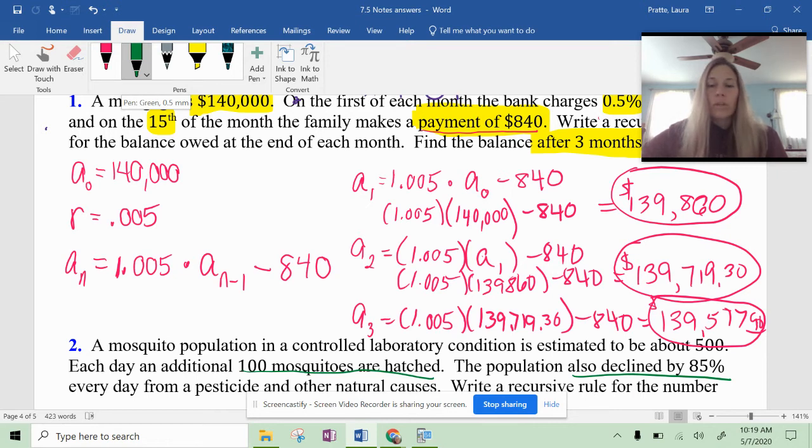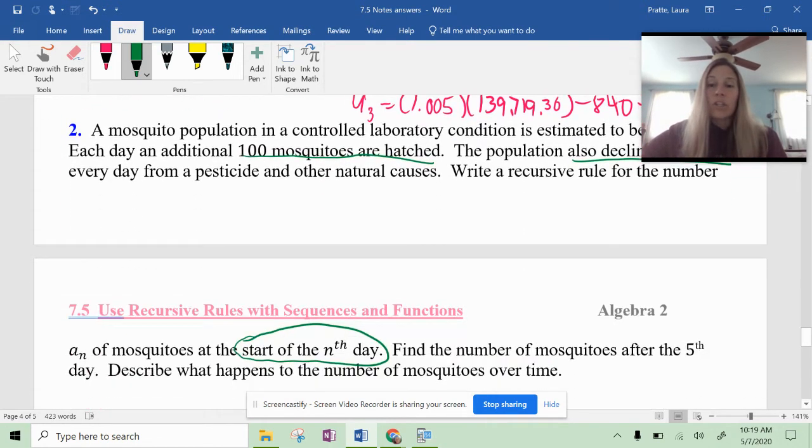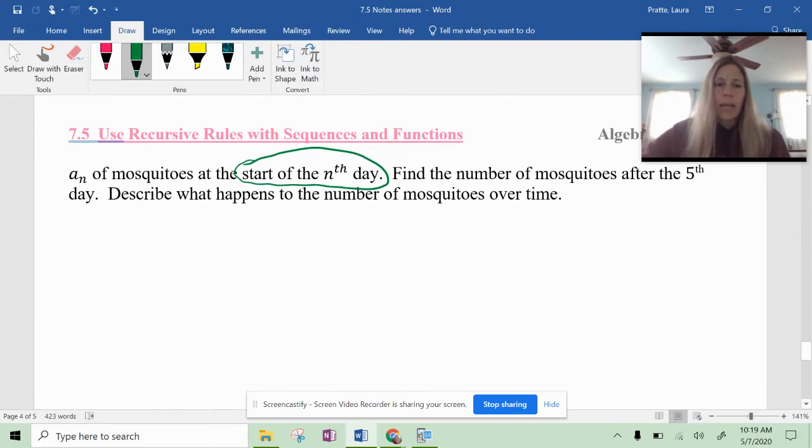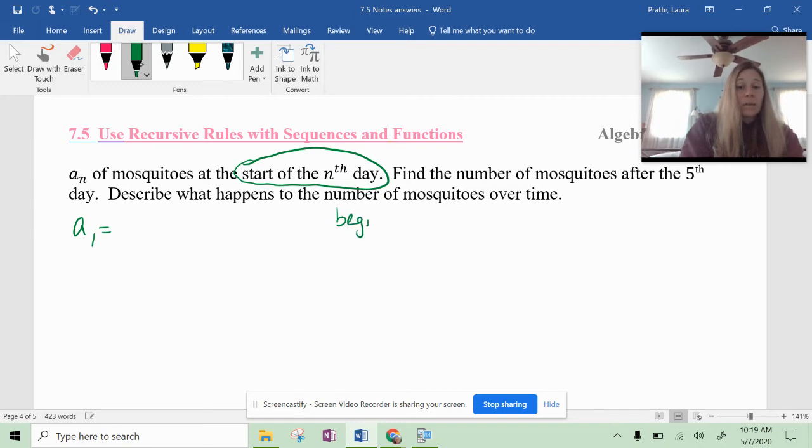Because this one, we're concerning ourselves with the beginning of each day, I'm going to start out with a sub 1 instead of a sub 0. So the beginning of day 1 would be n value of 1.